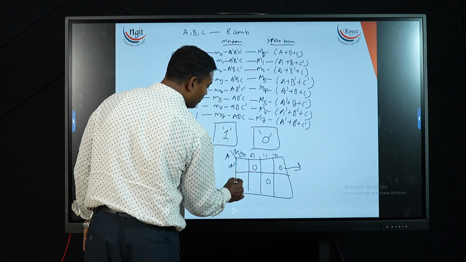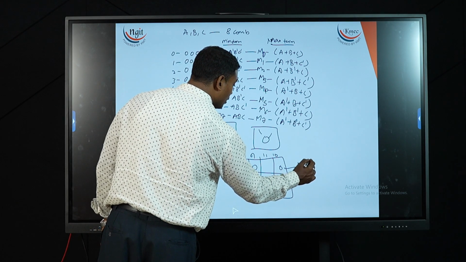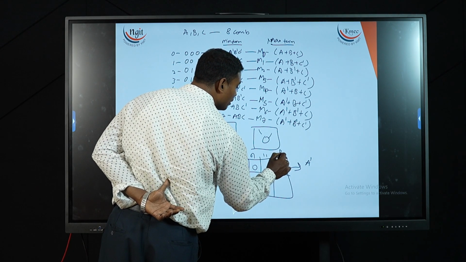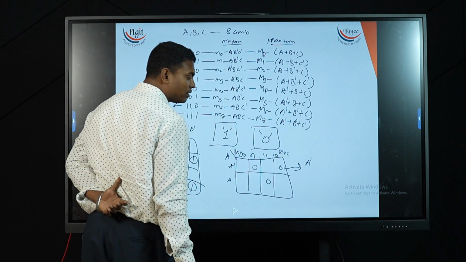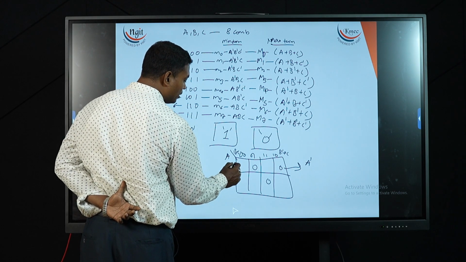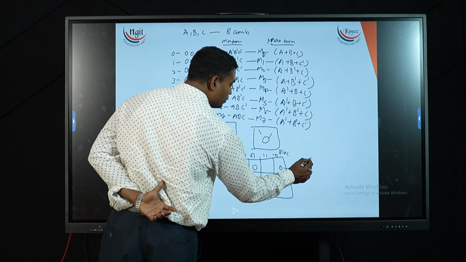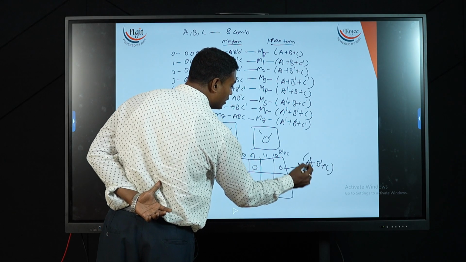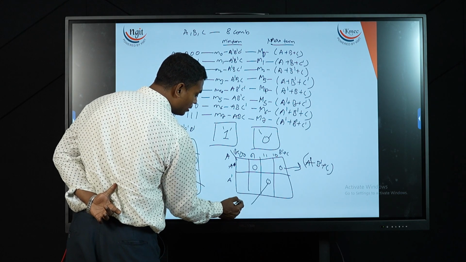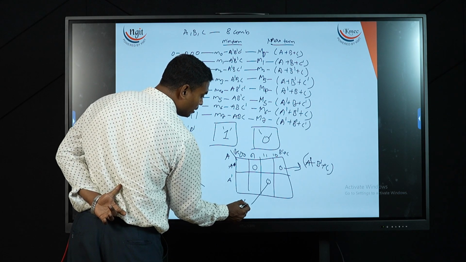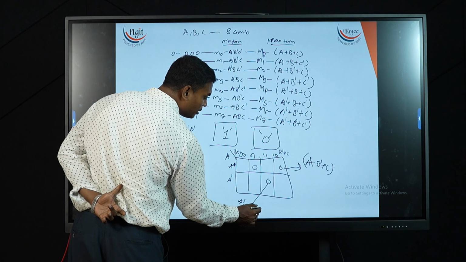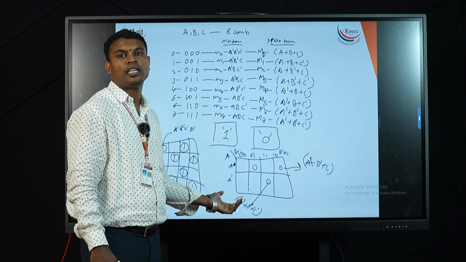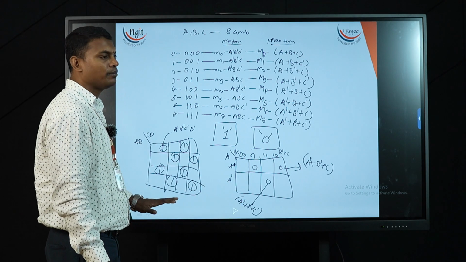This is A dash and A. Now this is B dash plus C. So this becomes A plus B dash plus C as one term. Now this becomes A dash plus B dash plus C dash. So this is what makes the difference between min term and max term on a K-map.